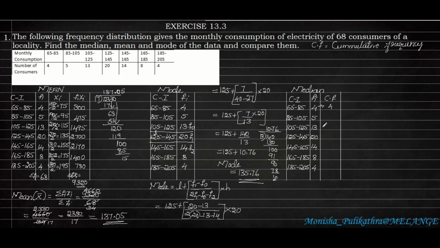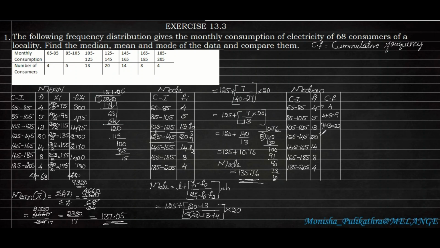Next we need to add one by one, that is 4 plus this second frequency, 4 plus 5 is equal to 9. So next is the previous answer plus the new frequency, 9 plus 13 is equal to 22.